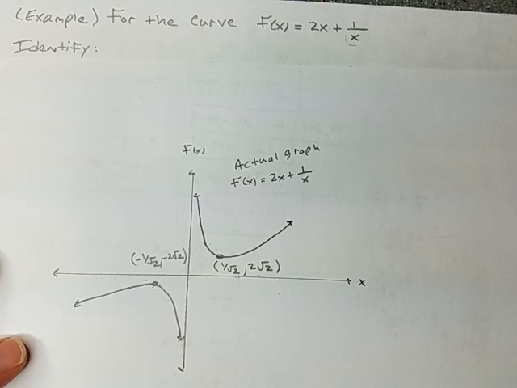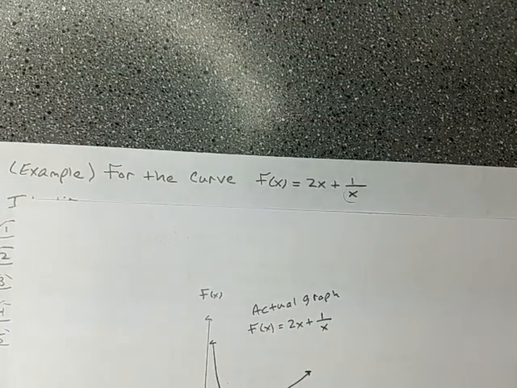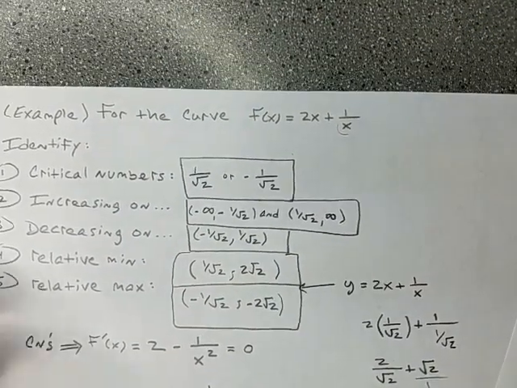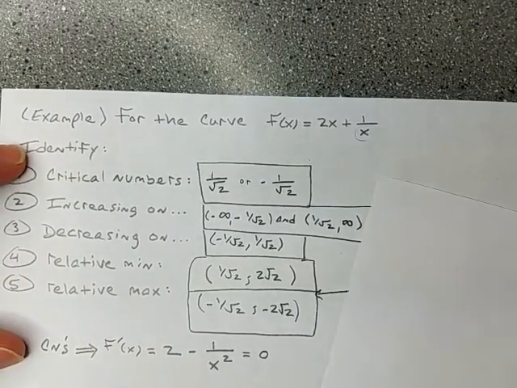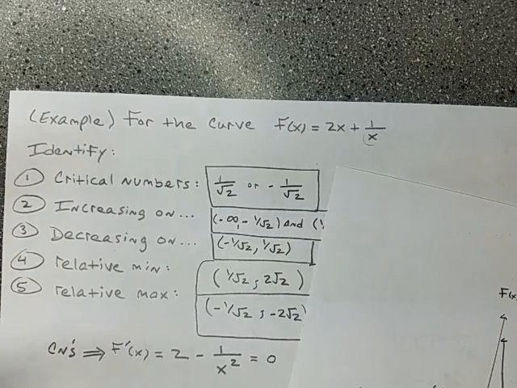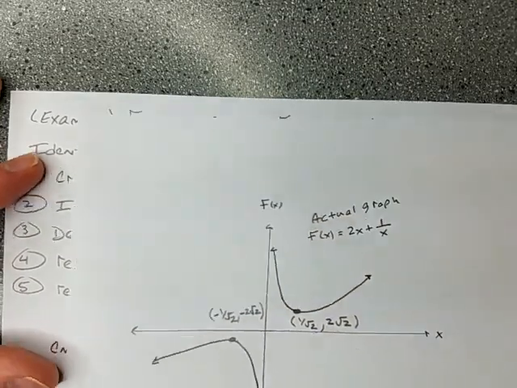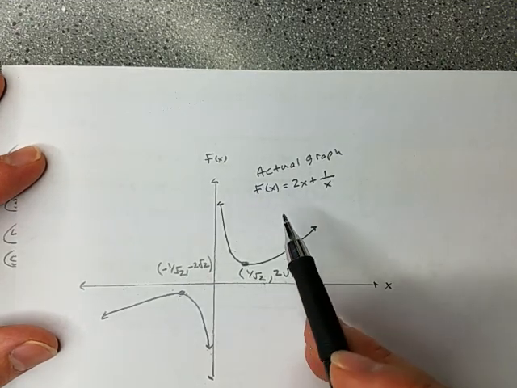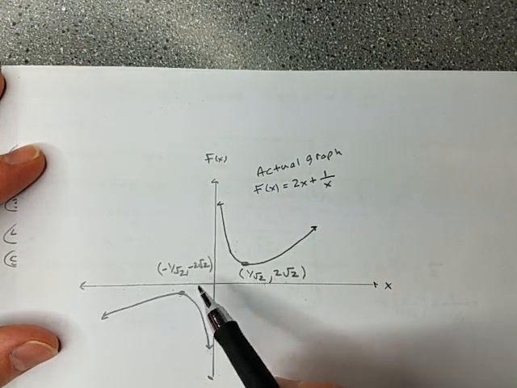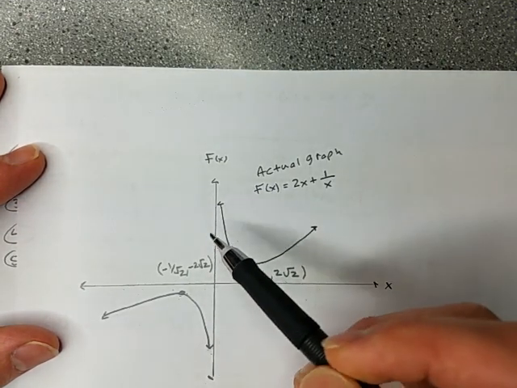Okay, so one final thing about this example right here. I know we're really getting to the point where you're probably like, enough already. There's something I should emphasize a little bit before we just put this one away. Here's the actual graph, okay? It has critical numbers, negative 1 over root 2, 1 over root 2, and technically 0.